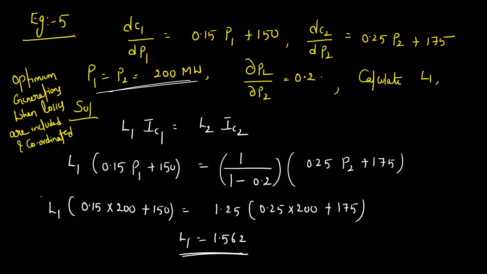So he has given the two incremental costs. He gave the generations when the losses are included and coordinated. He gave this data, so he's asking to calculate the penalty factor L1. So we use this condition to arrive at this penalty factor of L1.